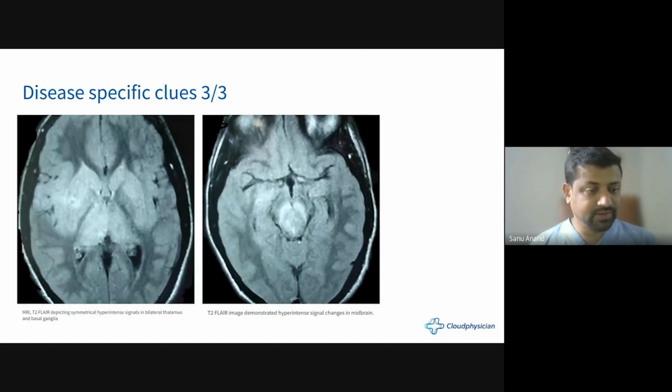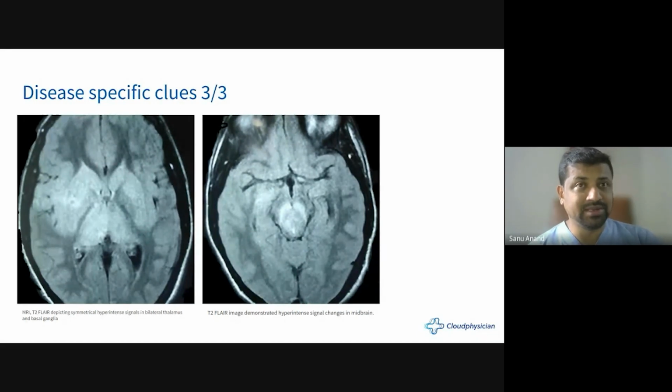Patient has come with encephalitis. You've done an MRI. Your whole basal ganglia lights up, and bilateral thalamus lights up, and there are hyperintense signal changes in the midbrain. This is where your flaviviral illnesses, your Japanese encephalitis, West Nile, and all that come into the picture.